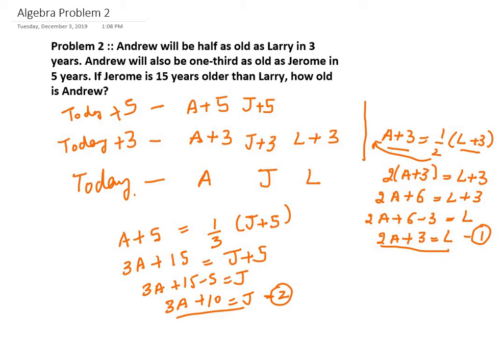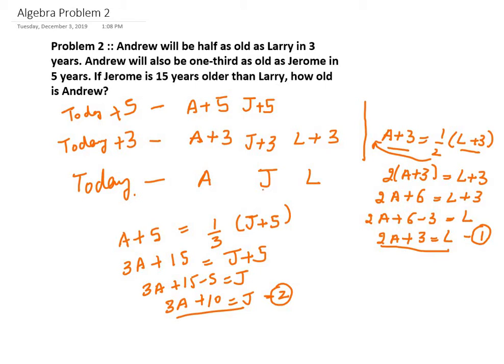So let's check out what they say in the third statement. They are saying if Jerome is 15 years older than Larry, how old is Andrew? Now they are telling the relationship between today's ages of Jerome and Larry.